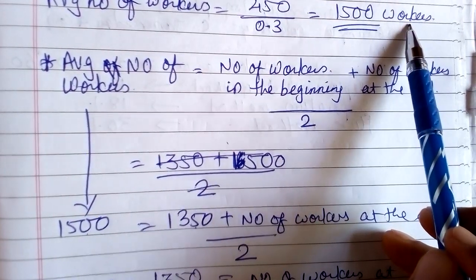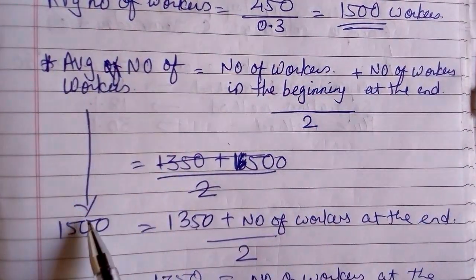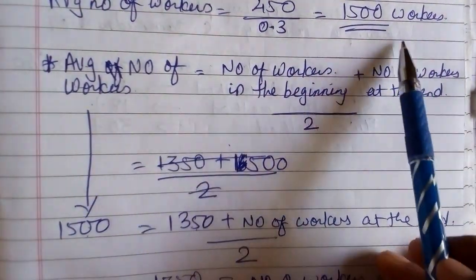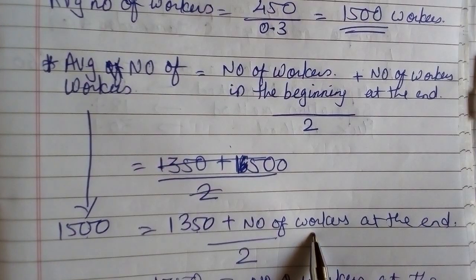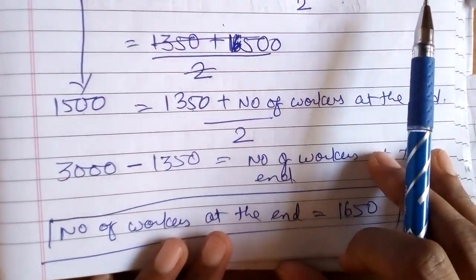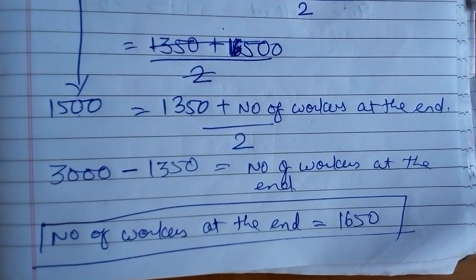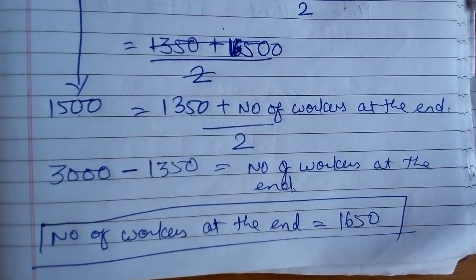Now putting the formula of average number of workers 1500, number of workers in the beginning 1350, number of workers at the end are not given, so as it is. So finally the number of workers at the end will be 1650. So this is the solution of your example number 18.